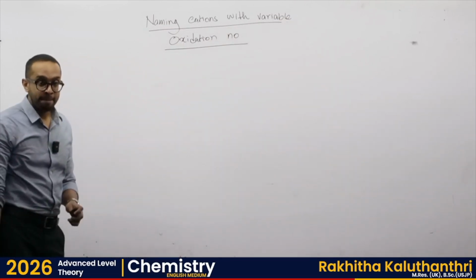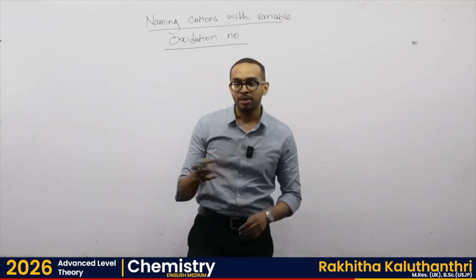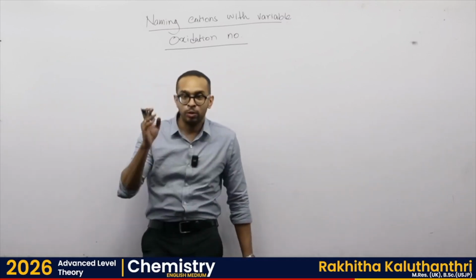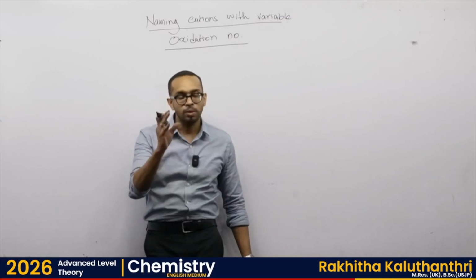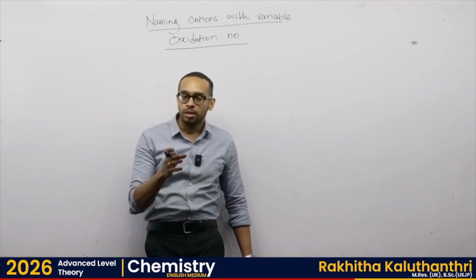Now this is not seen in group 1 and group 2 elements. Group 1 elements are always plus 1 only. Group 2 elements are plus 2 only. No other oxidation states are possible.